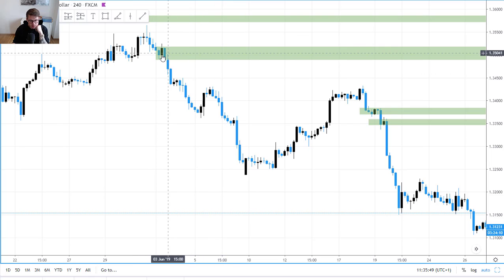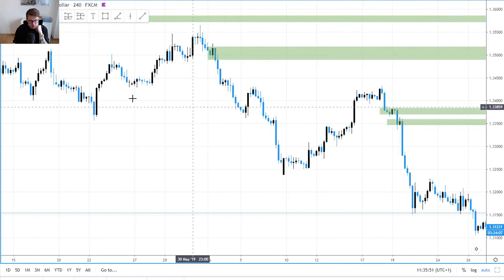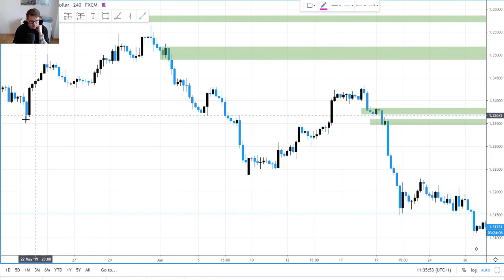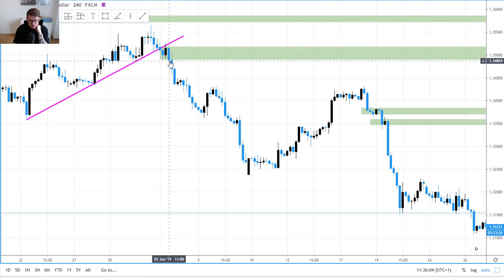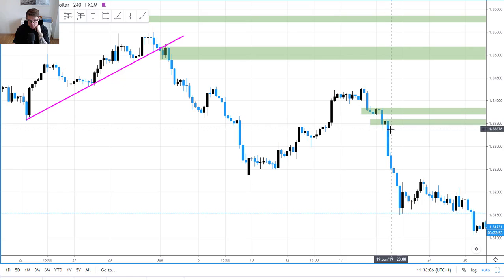So this is something that is very, very common as well. Let's say you have your bullish trending attempt, a little bit of a short bull market. And then here it turns around. This is very, very typical. We'll see it here and here again.